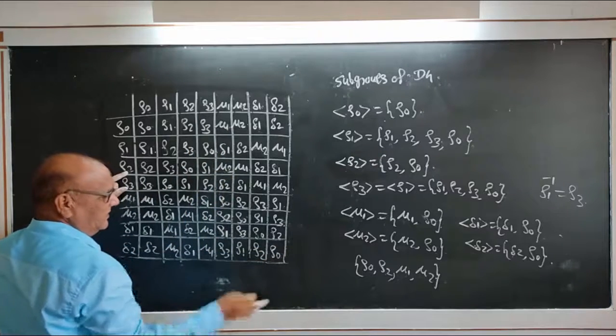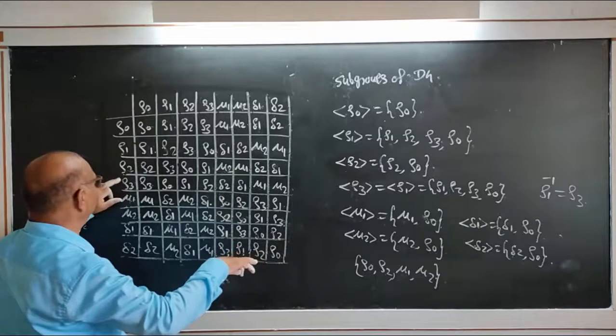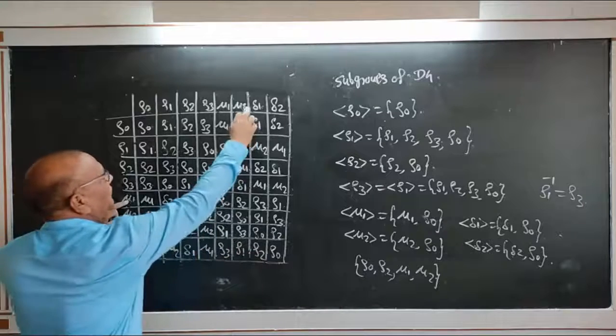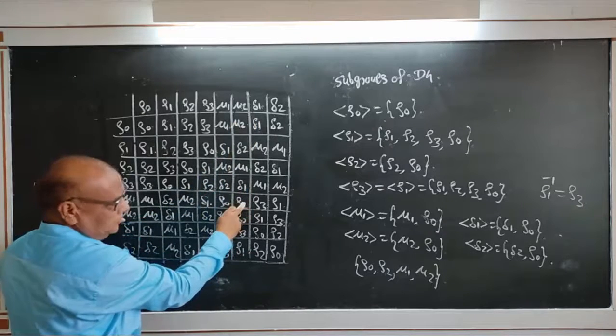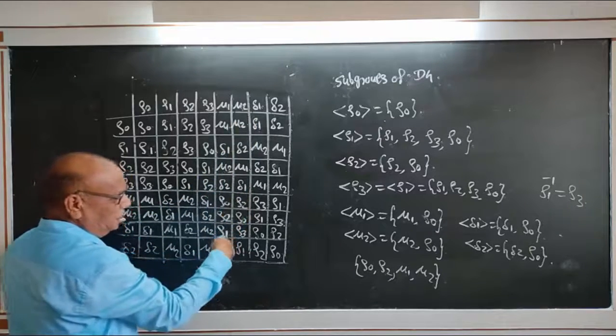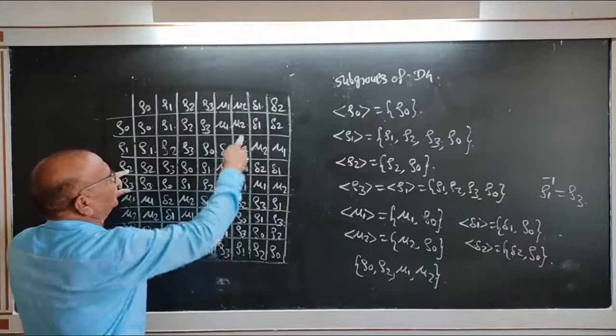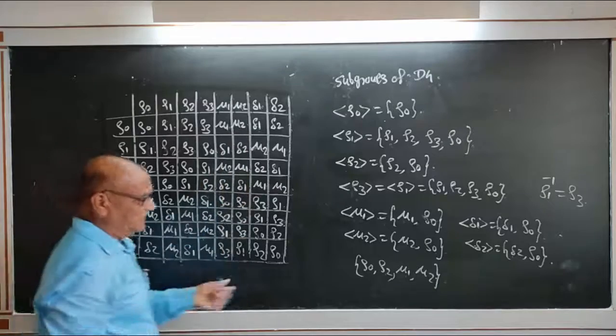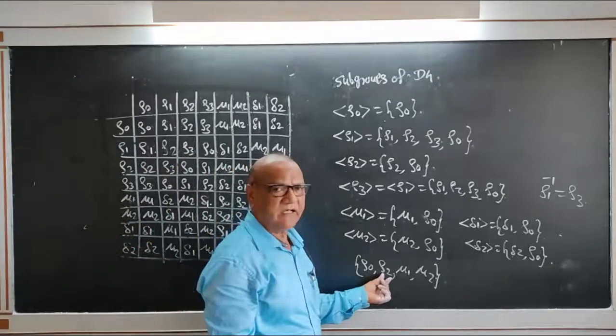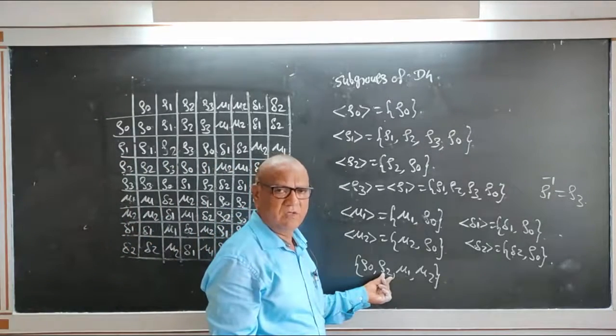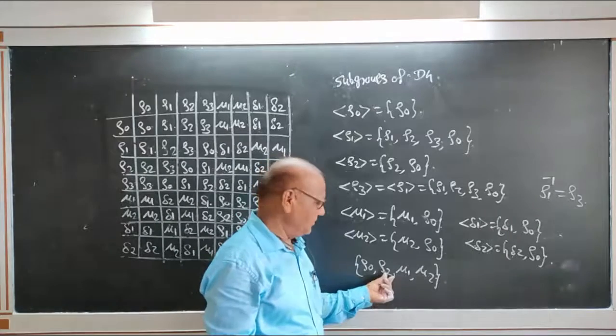That means the third element. The product of mu1 into mu2 is row 2. And row 2 into mu2 is mu1. That means this is isomorphic to the Klein 4 group.